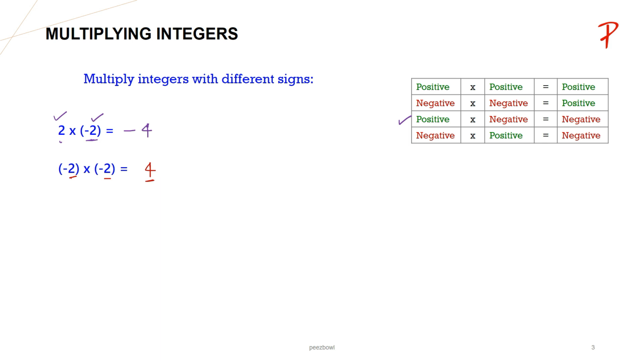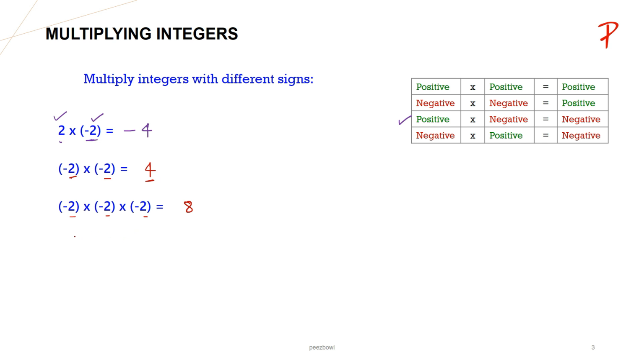Now let us move to the next example. Here we are multiplying minus 2 three times. As you can see here, minus 2 is multiplied 3 times. In this case, 2 multiplied by 2 multiplied by 2 is 8, right? Now let us multiply the signs, okay?